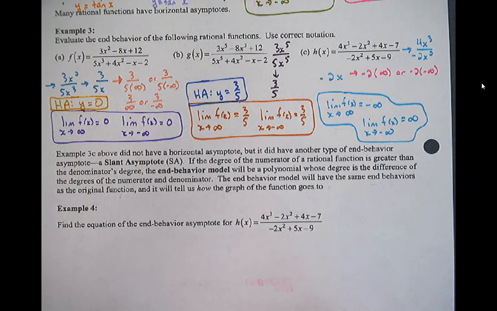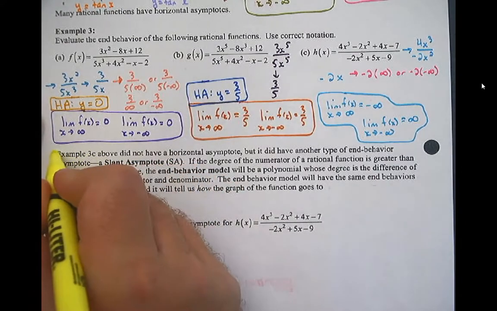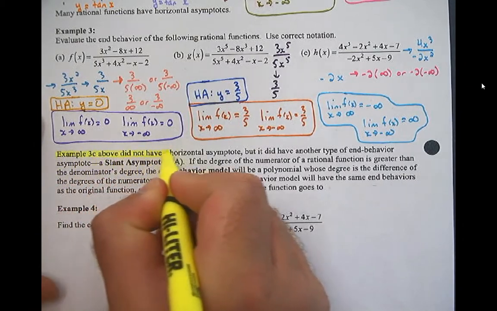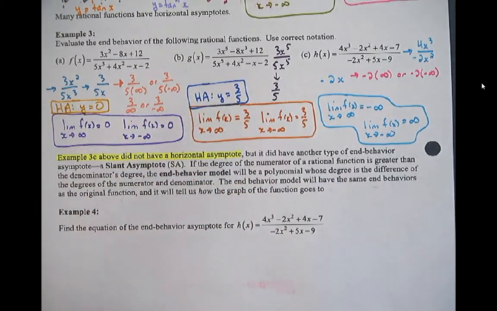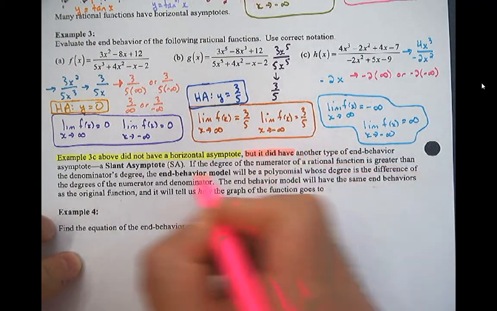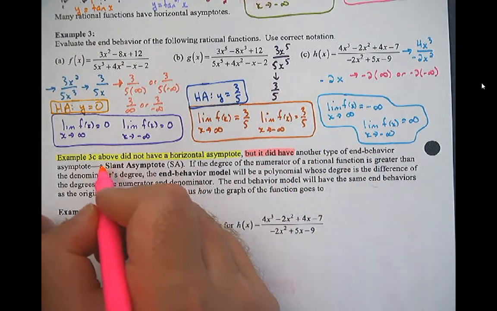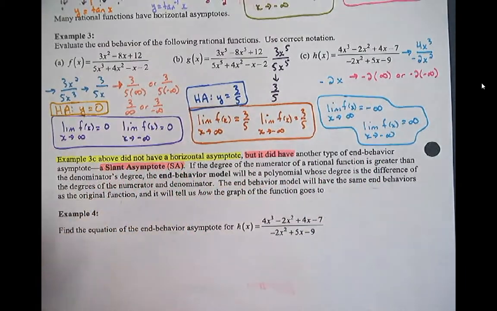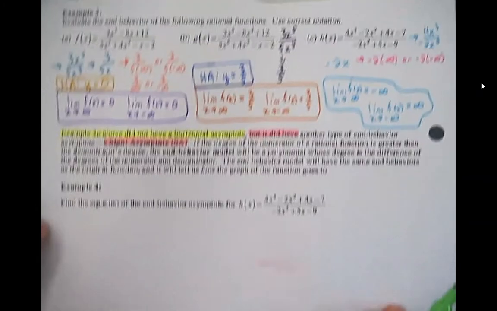I'm going to highlight a couple things. The first thing I want to highlight: example 3C above did not have an HA, but it did have another type of end behavior asymptote called a slant asymptote. And how do you know when you have to check for slant asymptotes?